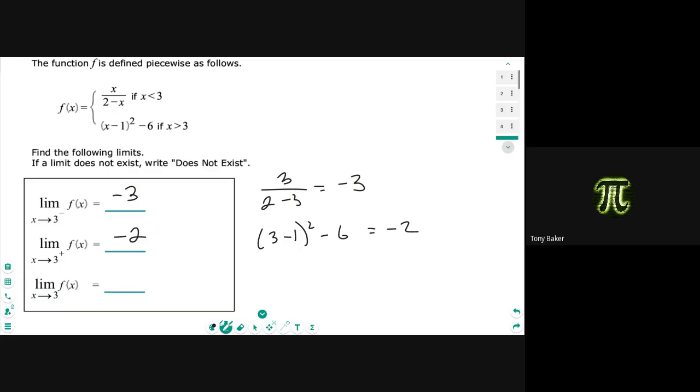All right, so what's the limit as x goes to 3? This one does not exist. And that would be a non-removable discontinuity. If I change that to 7, they both would have been -3, and the limit would have been -3.